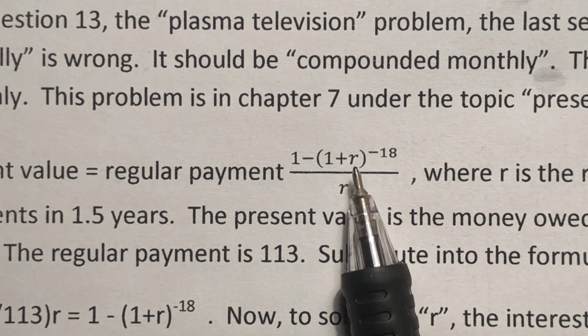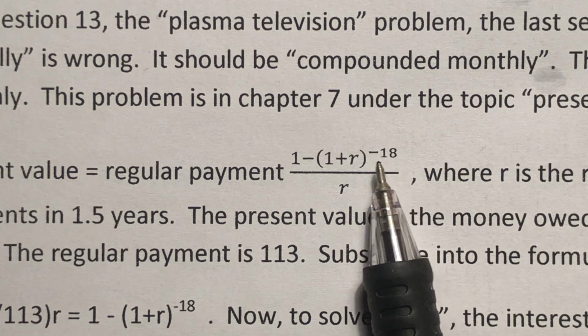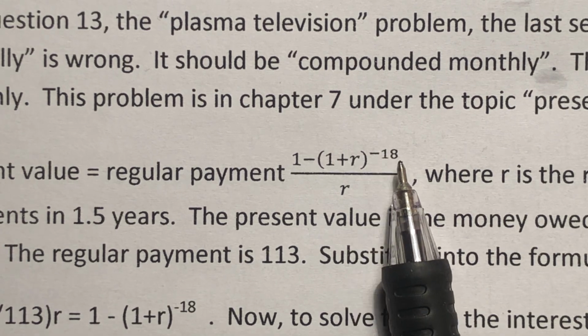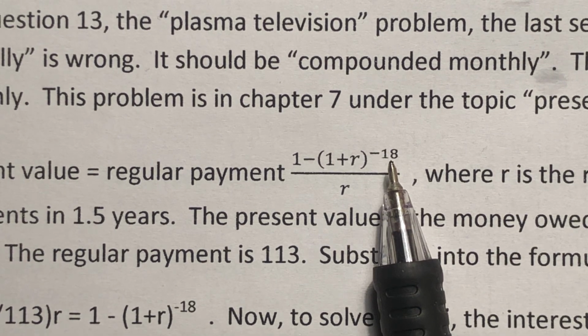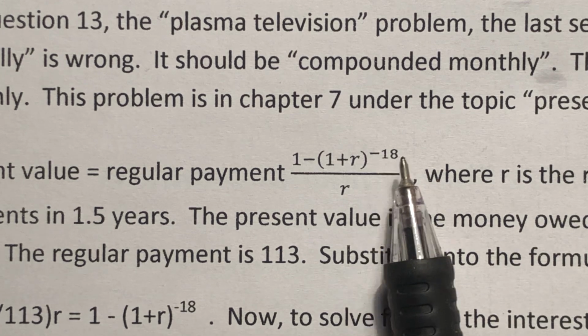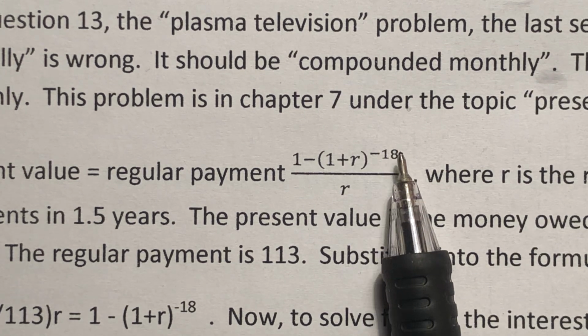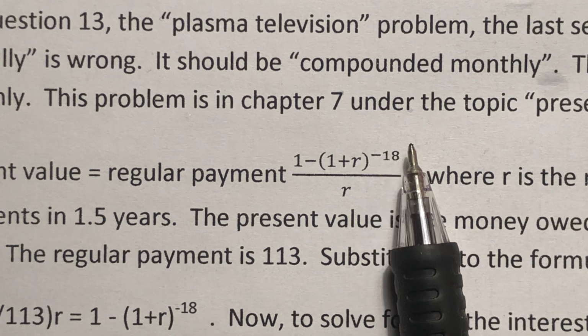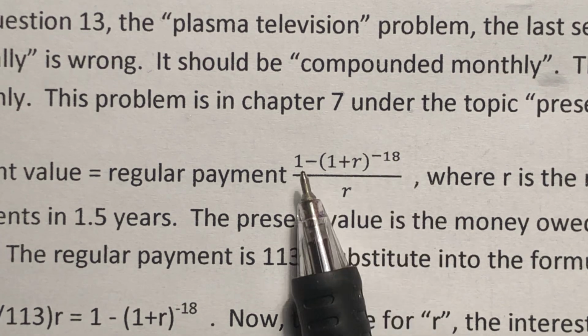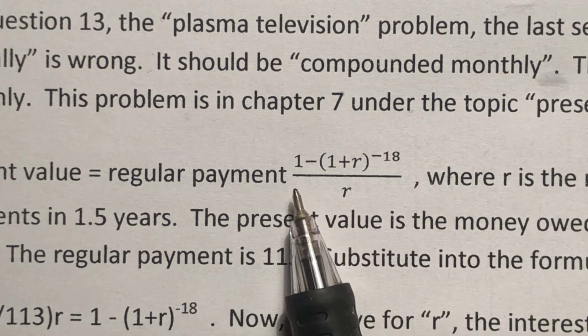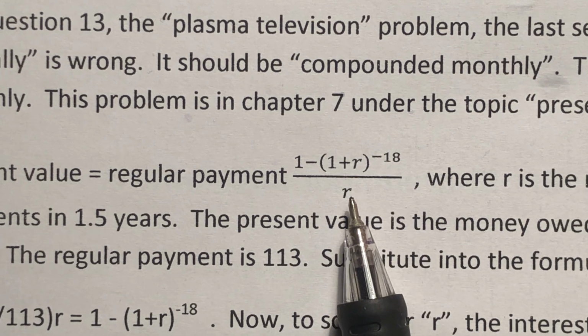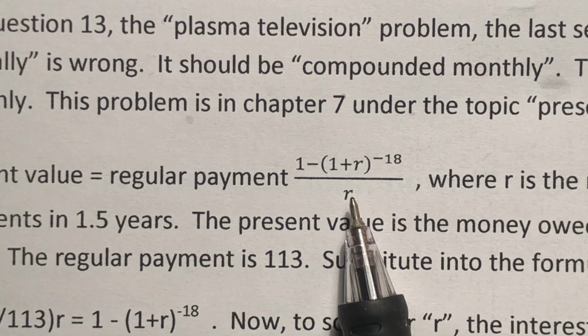The 18 is because it is monthly payment and the period of payment is 1.5 years, which means 18 months. So this is the number of payments with a negative sign. So this is the formula divided by the monthly interest rate.